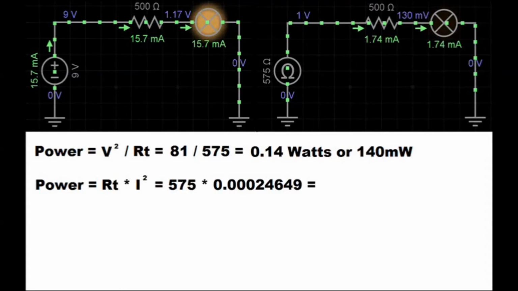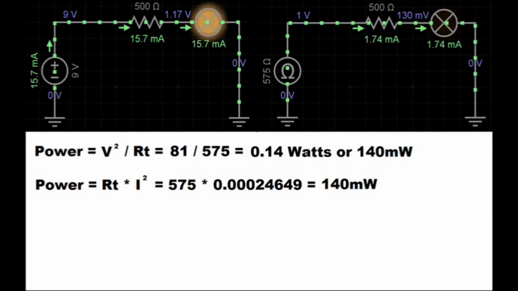Current equals 0.0157 amps. 0.0157 squared equals 0.0002469. 0.0002469 multiplied by 575 equals 0.14 watts or 140 milliwatts.